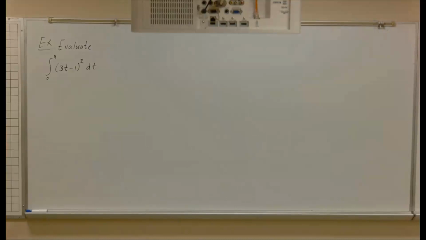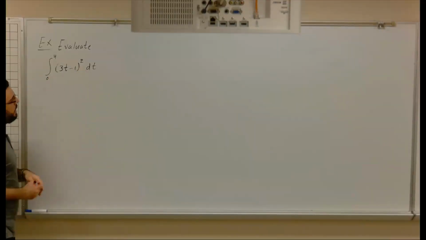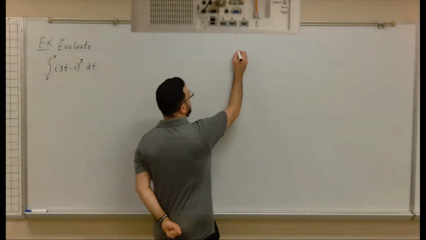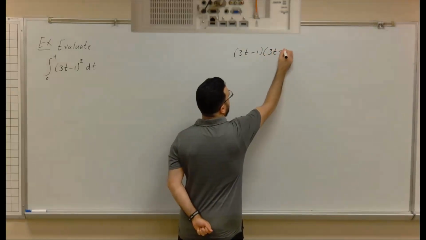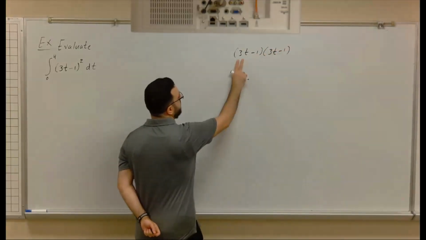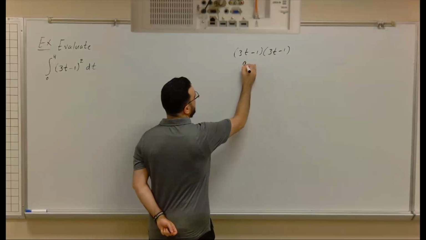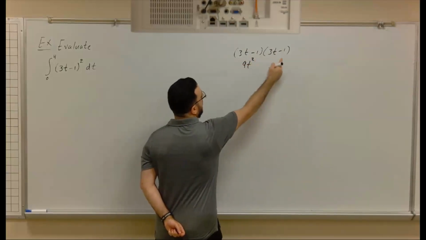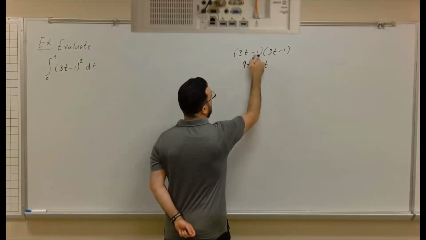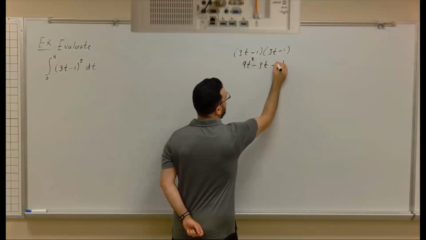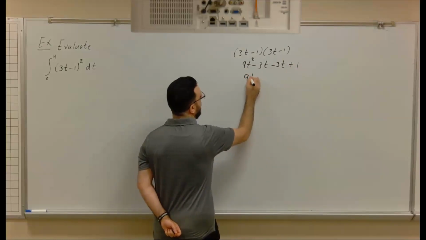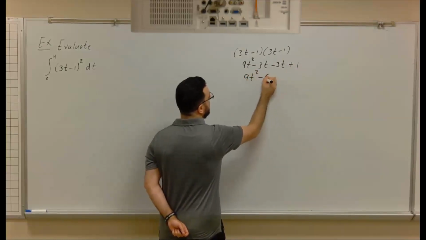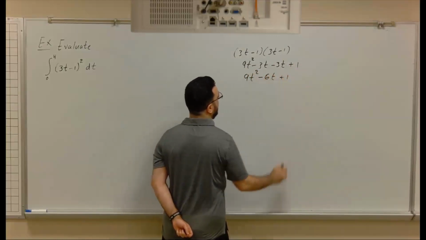Before I start, I can simplify this one. (3t minus 1) squared is (3t minus 1) times (3t minus 1). That means 3t times 3t is 9t squared, minus 3t, minus 3t, plus 1. Combining the like terms, it's 9t squared minus 6t plus 1.